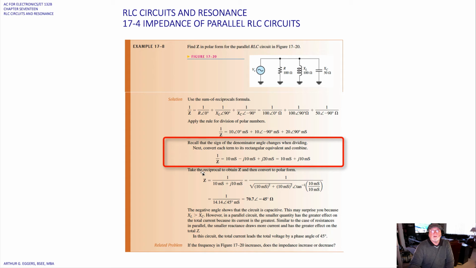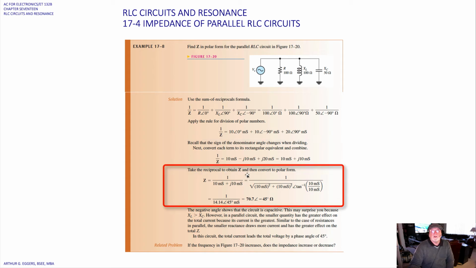Now we take the reciprocal to obtain the impedance Z and convert it to polar form. So 1 over that value we just determined, we apply the Pythagorean theorem and the inverse tangent for each of those values.